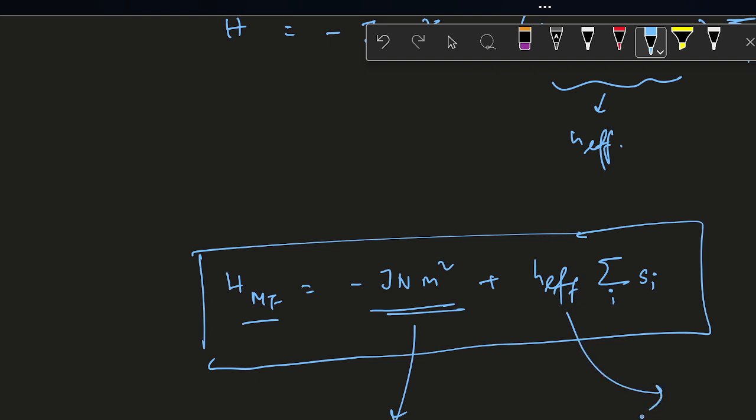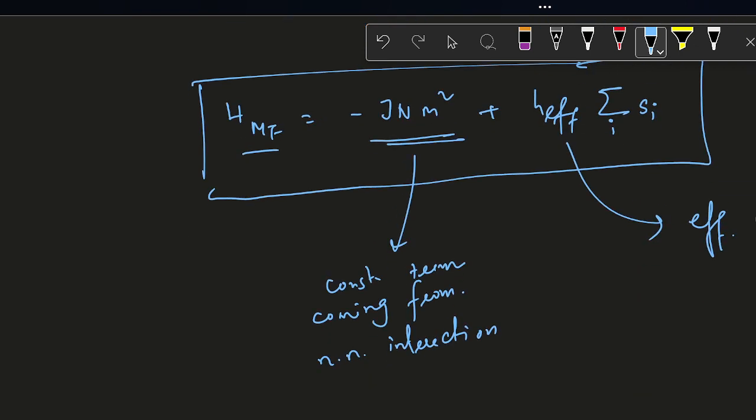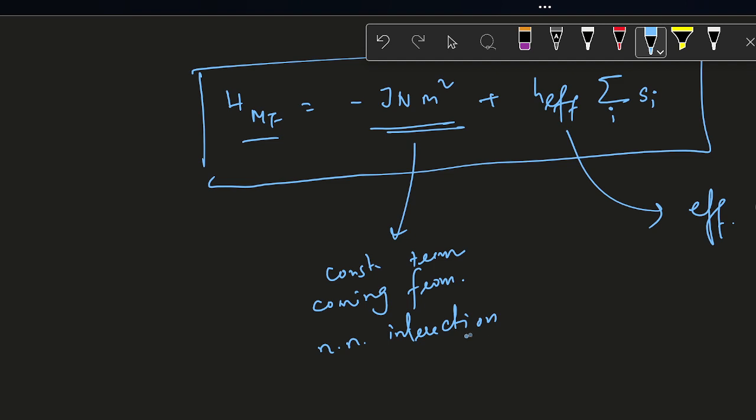And the second term is coming from the effective magnetic field experienced by each spin S_i, where h effective is the actual external field h minus some interaction term of 2Jm. So this is under the mean field approximation. We have obtained this, and now we can modify it so that we get the final Hamiltonian expression as given in the formula.